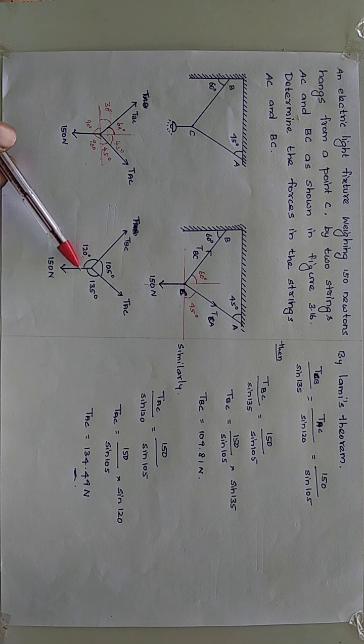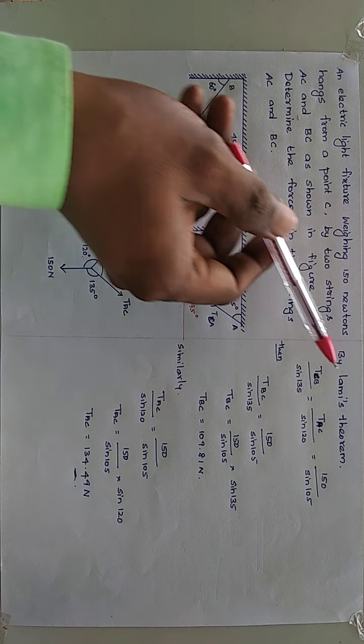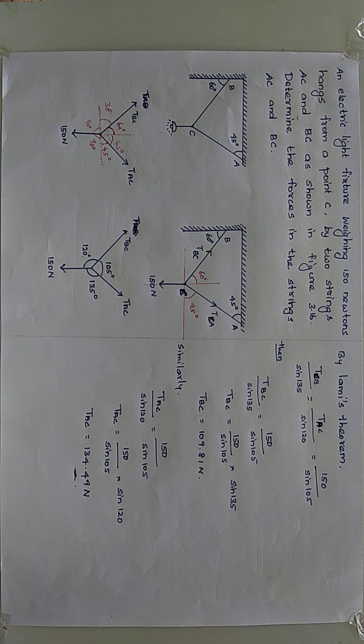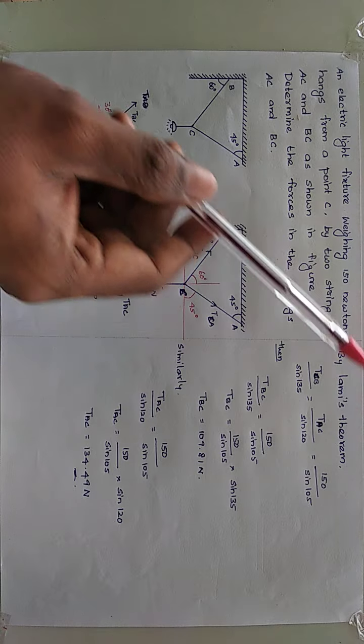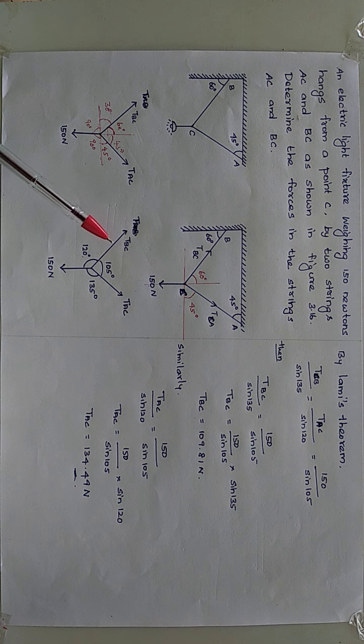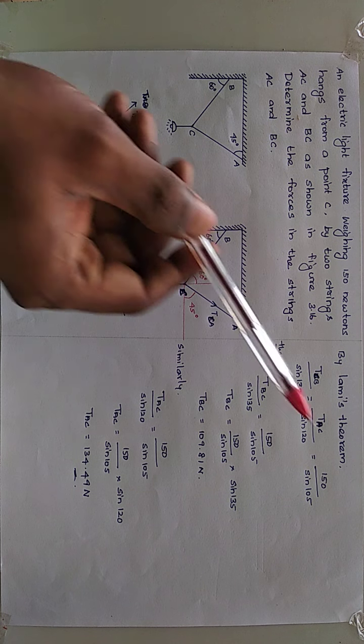This force divided by sine of the angle between the other 2 forces. The next is TAC. The angle between the other 2 forces is 120 degree. Then equal to 150 divided by sine of the angle between the other 2 forces, 105 degree.